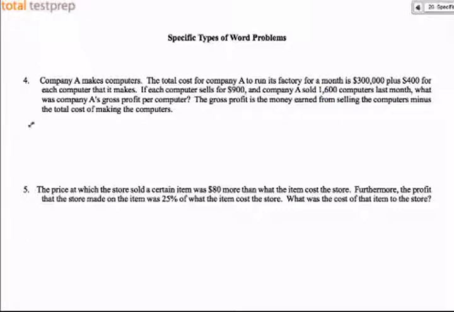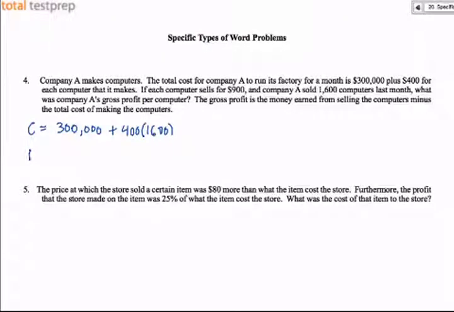First, the cost is equal to $300,000 for the fixed cost, or the cost to run the factory for a month, plus 400 times 1,600 for the costs per computer, because if it costs 400 to make each computer and you make 1,600 of them, the total cost is 400 times 1,600.